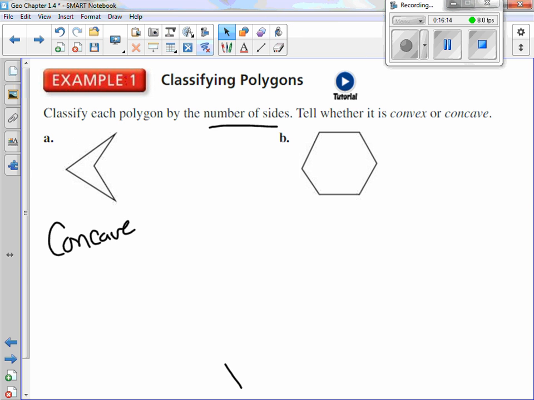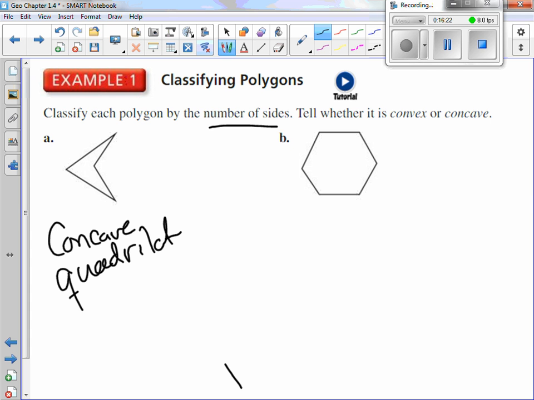How many sides does it have? So it's a quadrilateral. Because it has four sides, it's a quadrilateral, and because we can draw a line that cuts part of it off, it is concave. How about this one here?